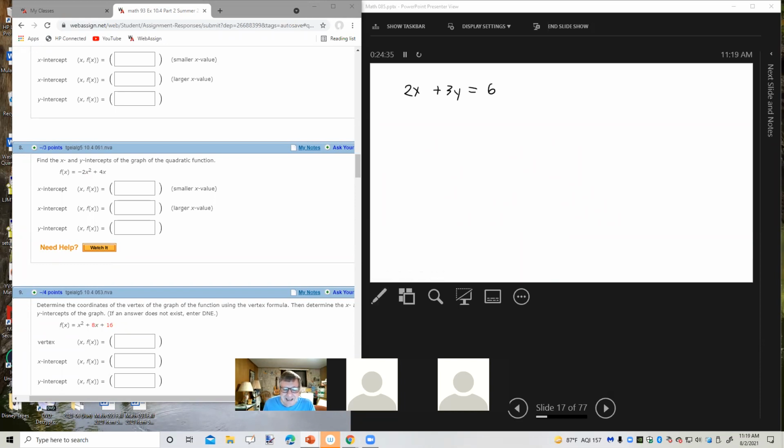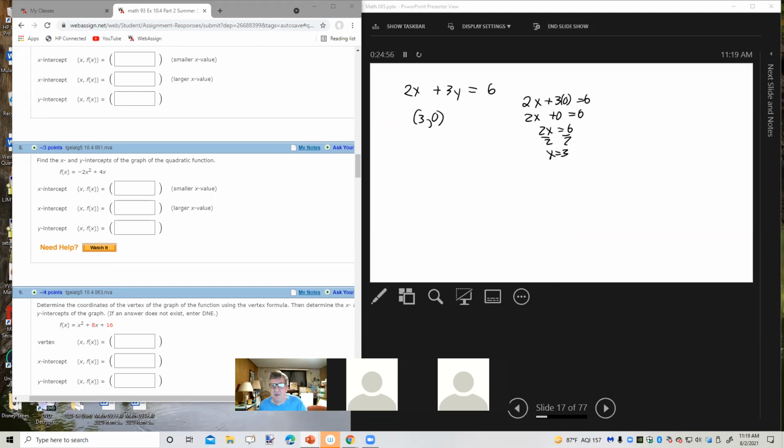To find the x-intercept, you set y equal to 0. So you had 2x plus 3 times 0 equals 6. 2x plus 0 equals 6. 2x equals 6. x equals 3.